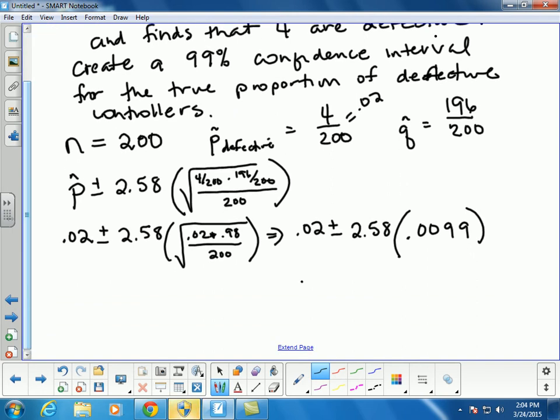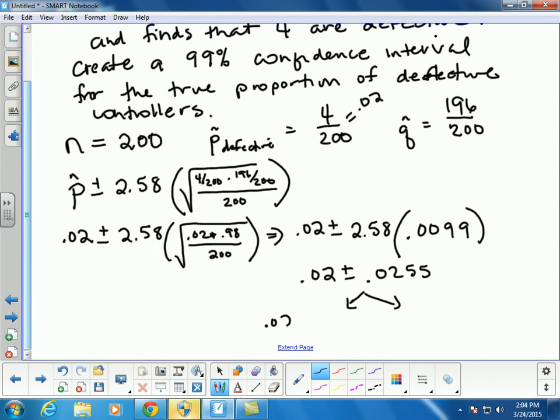And I'm going to go 0.02 plus or minus. Now I'm going to take that and multiply it by 2.58, and I get 0.0255. And then again, I'm going to break it into my bounds, my confidence interval.